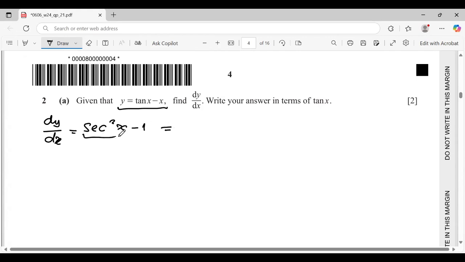I'm going to convert this secant squared x, changing it to 1 plus tangent squared x, minus 1. 1 minus 1 equals 0, and the result is tangent squared x. So dy dx equals tangent squared x.